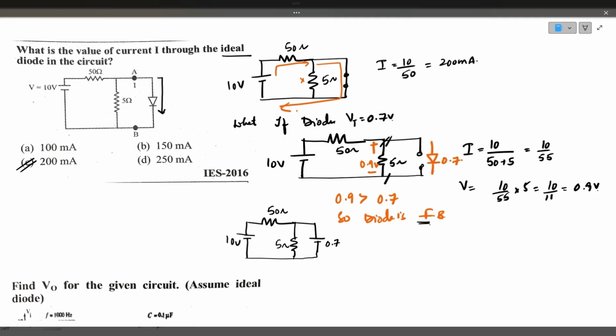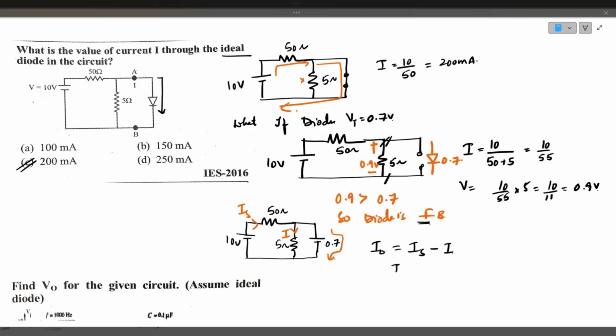If you want to find the current through the diode, then ID, the current through the diode, is equal to IS, that is the series current coming here, minus the current flowing through the 5 ohm resistor.